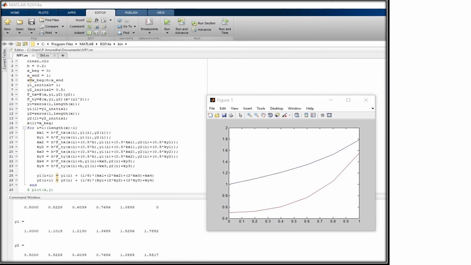As you can see, this is the code that I have developed. The h value here is 0.2, the initial value of x is 0, the final value is 1, y1 initial value, that is y of 0, is 1, which is given to us, and the value of y2, meaning the value of y dash at 0, is assumed to be 0.5, and that is what is written here. We have used the RK method algorithm in this particular section, and we have run the program.